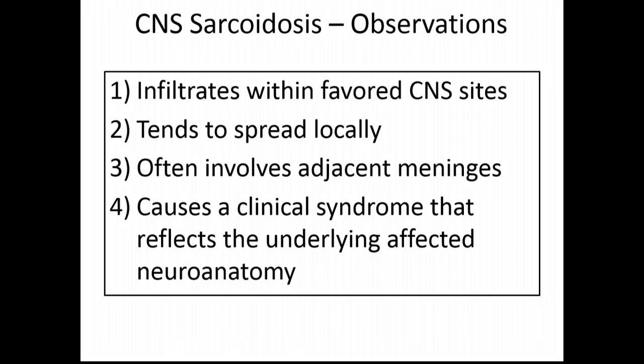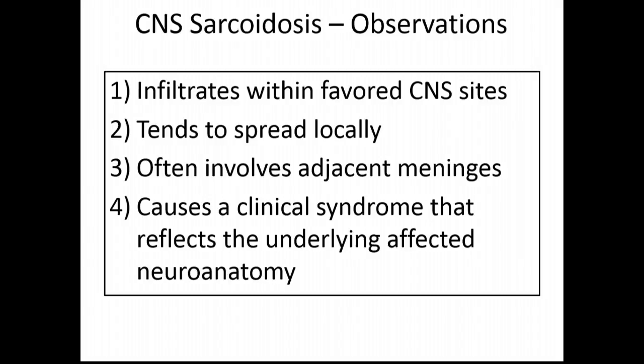So the observations that I think are practical clinically and interesting scientifically is that it infiltrates within favored CNS sites, it spreads locally, it involves adjacent meninges. So I'm going to show you a bunch of MRIs now, and I want you to appreciate the meningeal propensity of sarcoidosis. It really, really, really likes the meninges. Even in the spinal cord, you'll see that it often has a peel component.